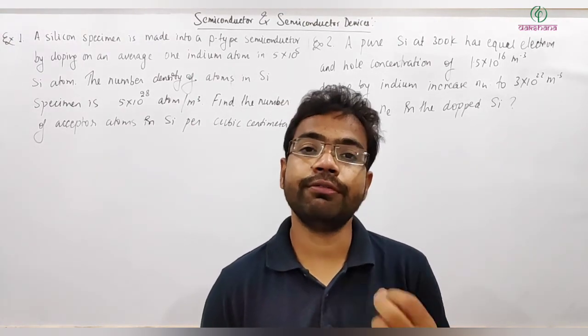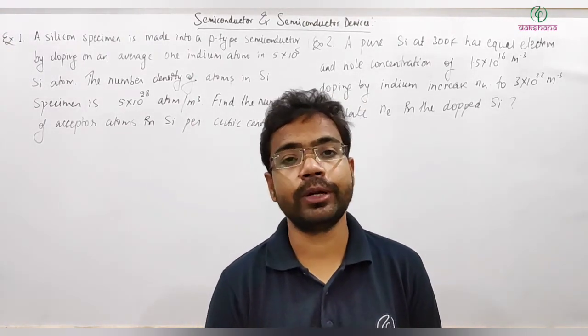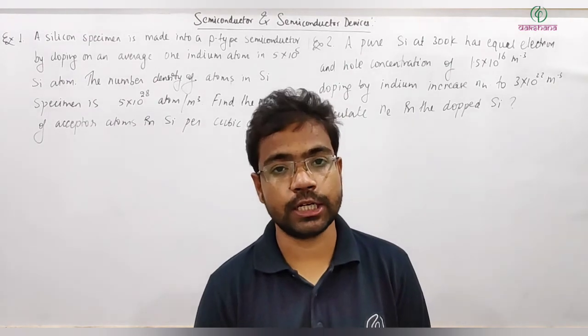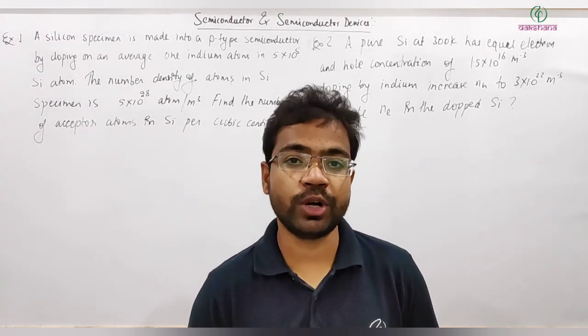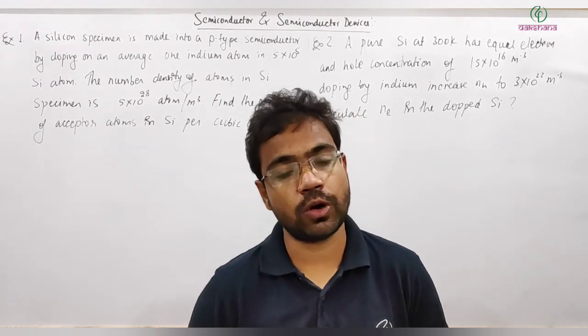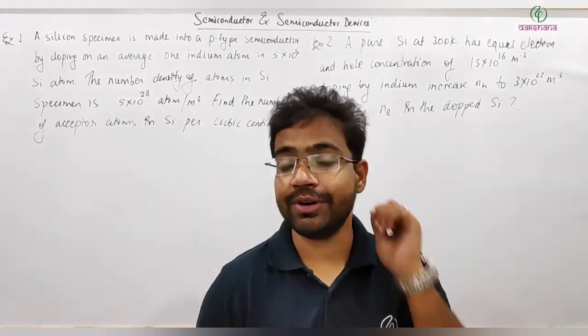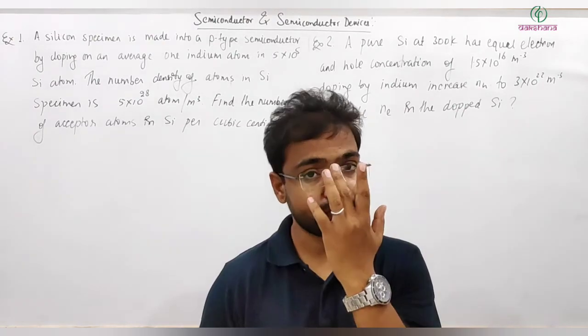Depending on that, if we are adding trivalent impurities, then additional holes are created in the semiconductor, and we call this an acceptor impurity because it can accept one electron, and this type of semiconductor we define as p-type semiconductor.